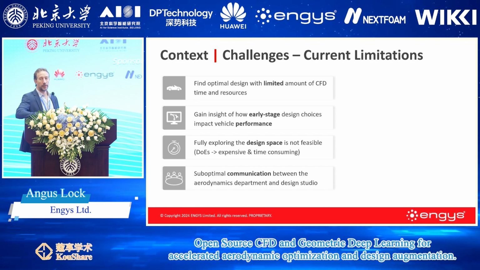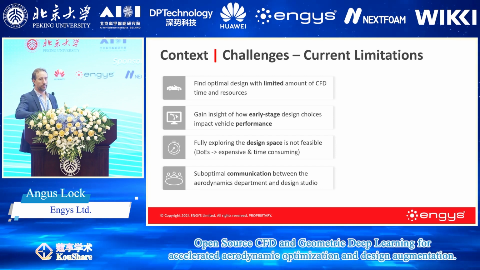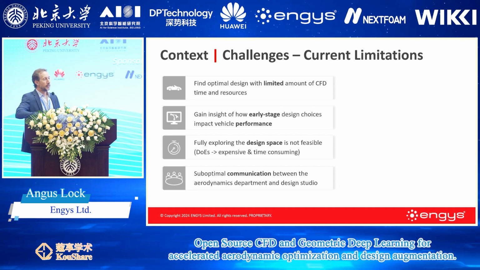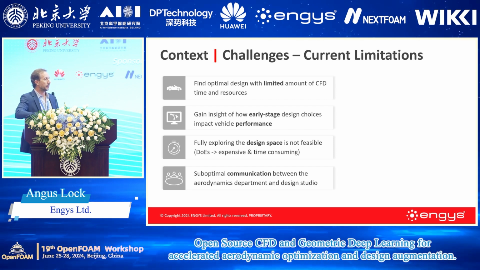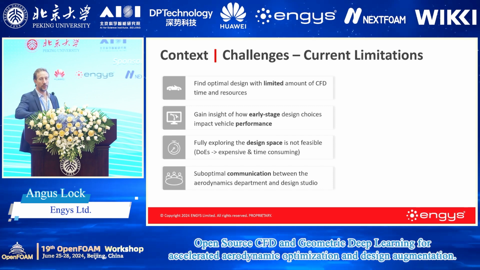We also typically run transient simulations to accurately predict the flow field around the vehicle. Even with very large cloud offerings like Huawei, the challenges of running that number of simulations are quite high, and so the turnaround time is long. That leads to suboptimal communication between the aerodynamics department and the design studio.